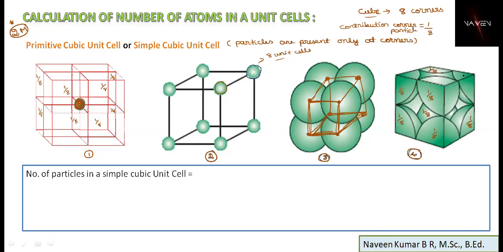This is again 1 by 8, this is again 1 by 8. So like that, there are 8 corners, each contributing 1 by 8 of its portion per unit cell. Hence, the number of particles in a simple cubic unit cell is 8. And what does this 8 signify? These are the corners in a simple cubic system.